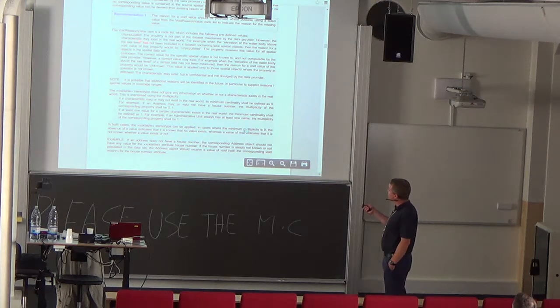However, the characteristic may exist in the real world. For example, elevation of the water body above the sea level has not been included in the data set containing lake spatial objects. Then the reason for a void value of this property will be unpopulated. This is one example.